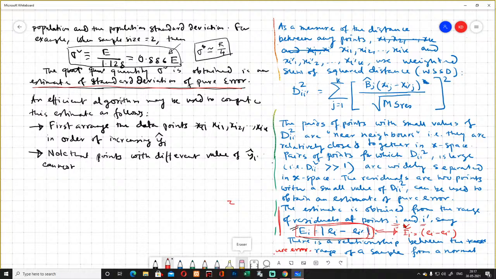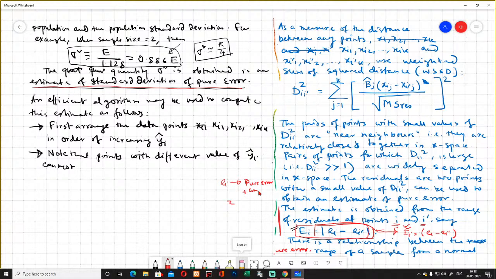This is not an intuition, okay? This EI is not a pure error. And EI dash is, see, there is some common portion. EI has a pure error for the ith observation plus a common thing.